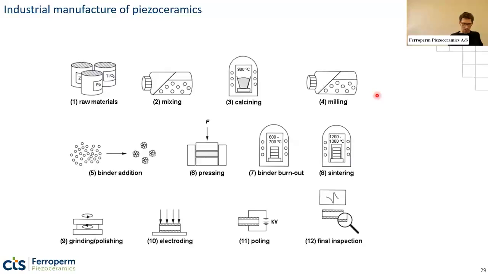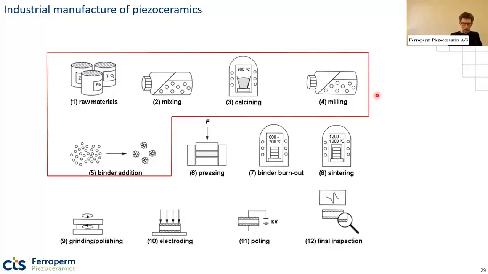A quick overview of the manufacturing process. I have shown here in red basically the processes that are related to powder. So first you weigh out the raw materials in the right ratio, and you mix them carefully, make them react together at a high temperature.